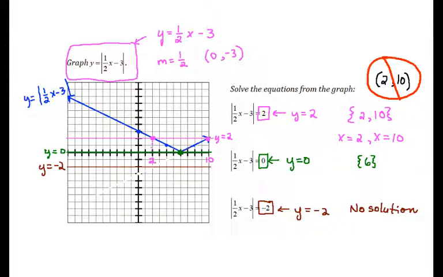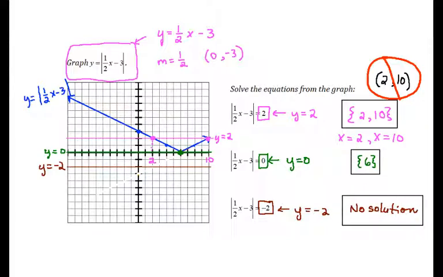So from this, I can see that there are 3 possibilities. I might have 2 solutions, I might have 1 solution, and I might have no solution, depending on whether the number on the other side of the equation was positive, 0, or negative. This is what we use to set up our process for solving these symbolically.